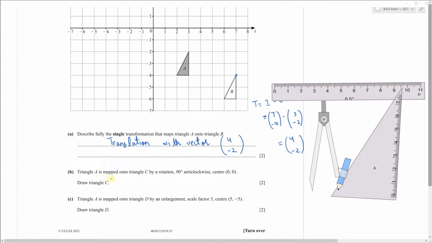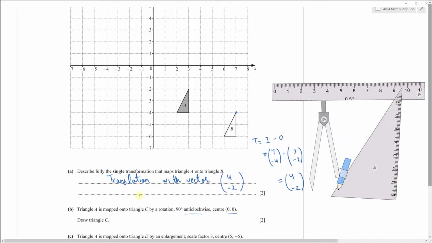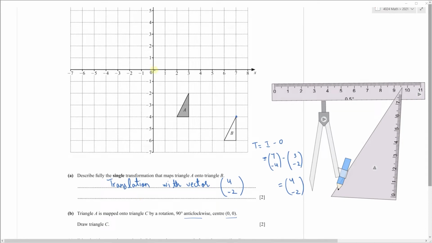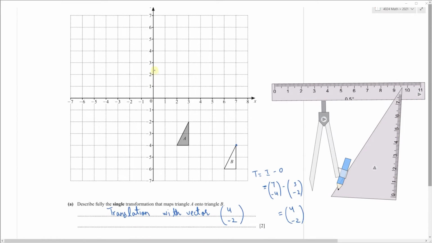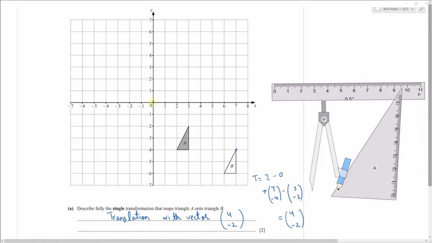Part B is triangle A is mapped onto triangle C by a rotation of 90-degree anti-clockwise, center 0, 0, draw triangle C. So the center of rotation is this point 0, 0, and the rotation is 90-degree anti-clockwise. So I'll use my set square to do the 90-degree rotation.